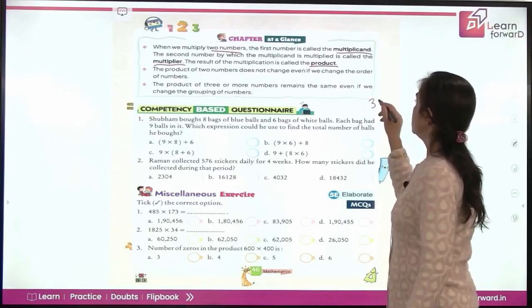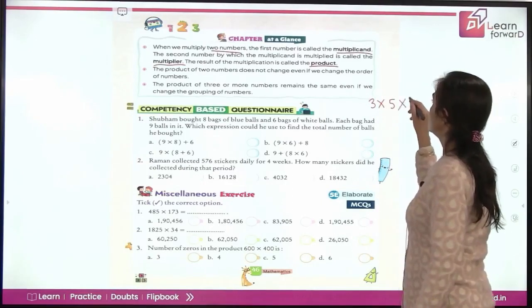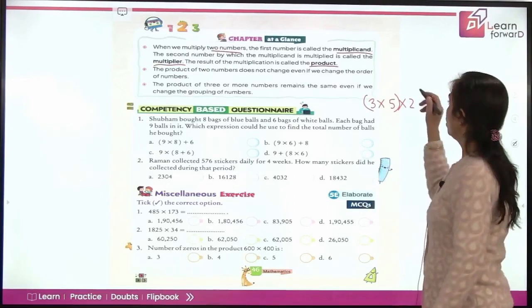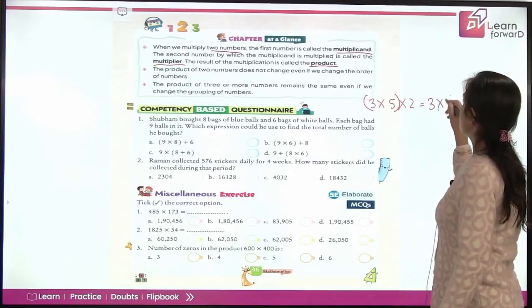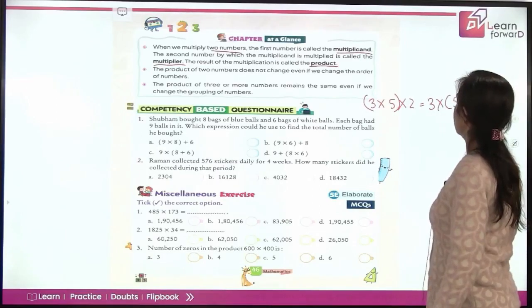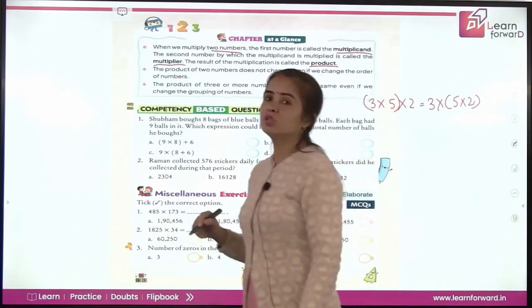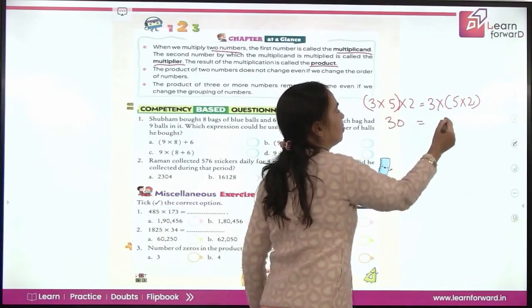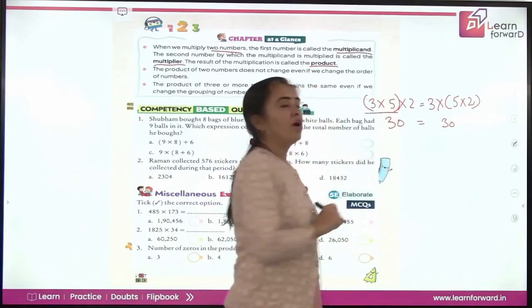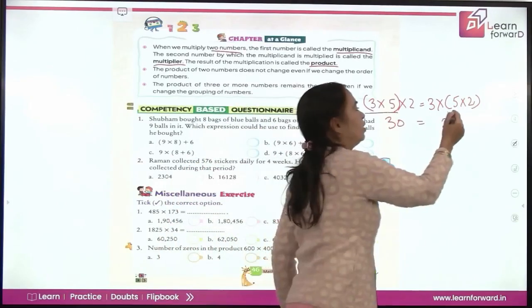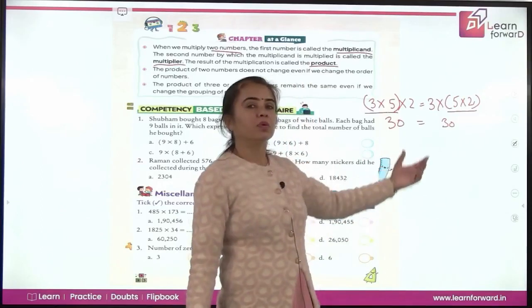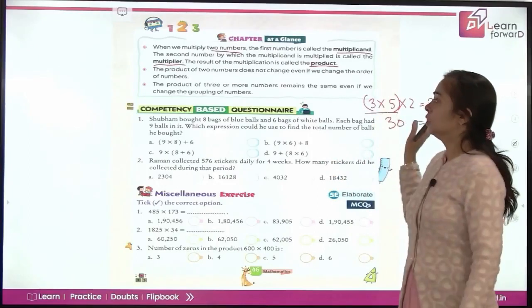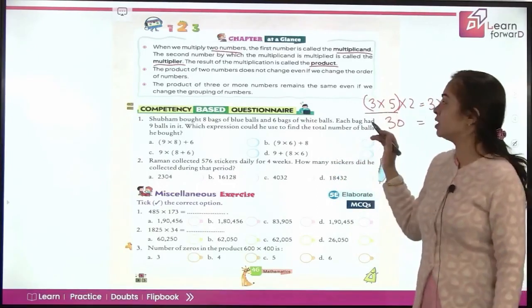So, if it is 3 times 5 times 2, whether you do 3 5s are 15, 15 into 2 is 30, or you do 5 times 2 is 10, 10 times 3 is 30. So, both ways you get the same answer. Here you have first grouped 3 and 5. Here you have first grouped 5 and 2, but the product is same. This is what we mean by the grouping is changed, but the product remains same.